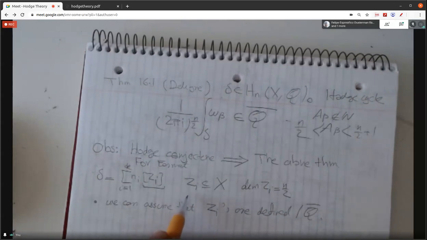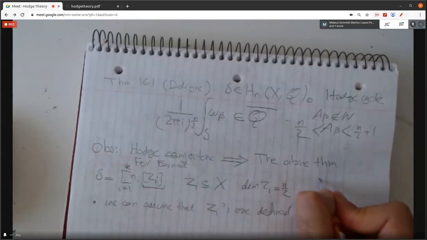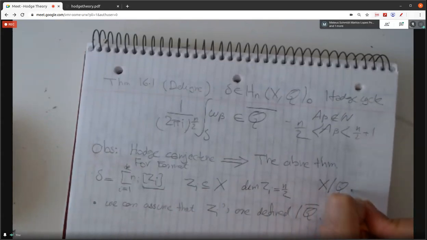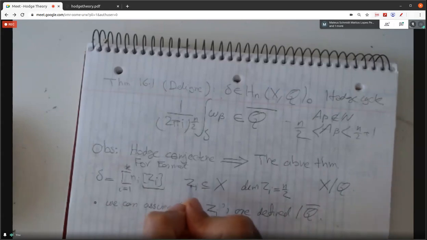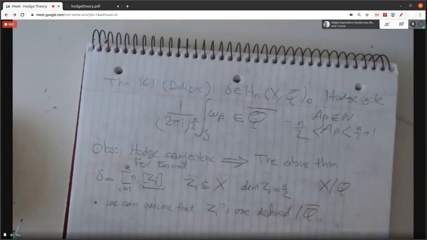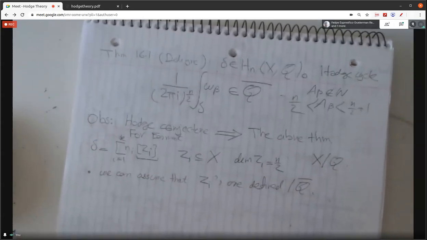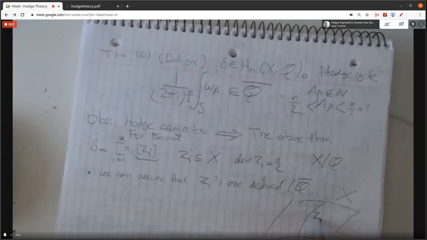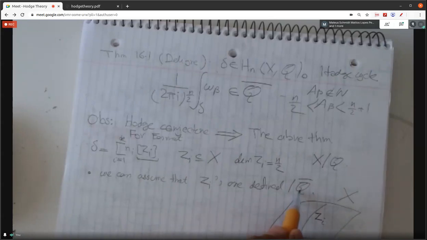So the point is that the Fermat variety X is still defined over Q. So if by chance you find some algebraic cycles, maybe I explain in this way. If you have your Fermat variety and suddenly you find some algebraic cycle inside it, and if it is not defined over Q bar, this means that it is defined over some extension of Q bar.